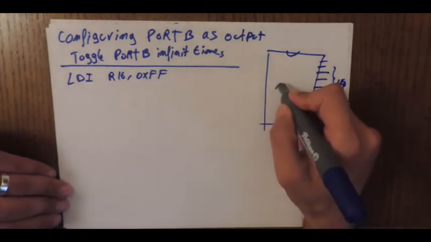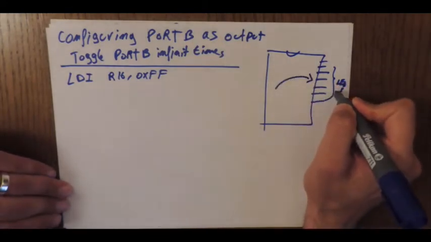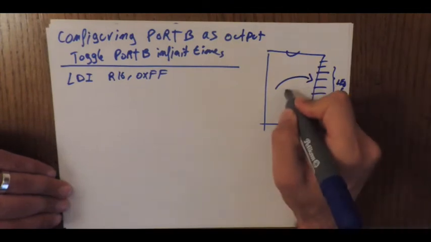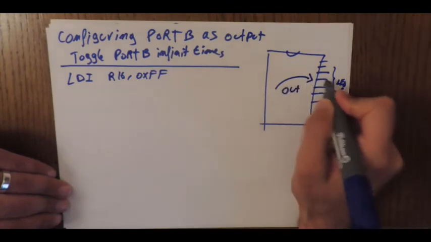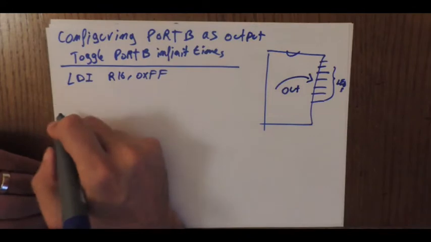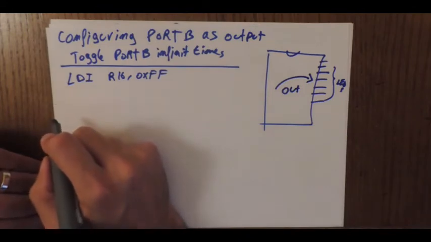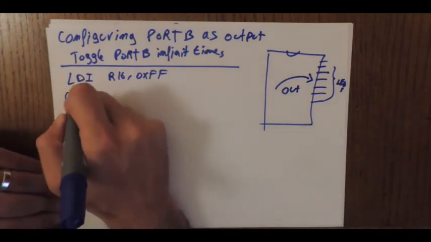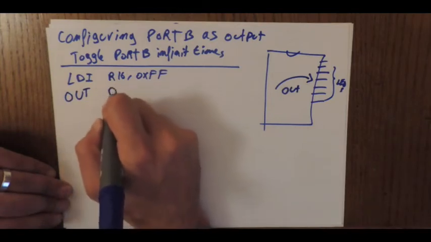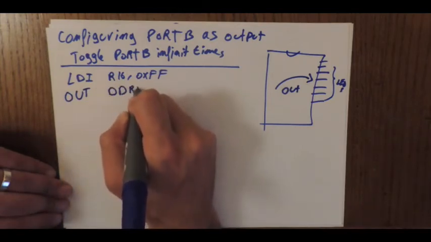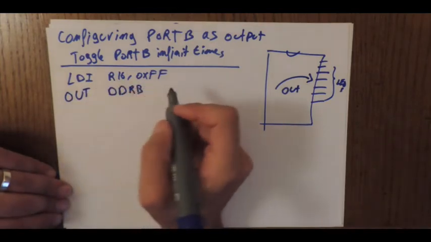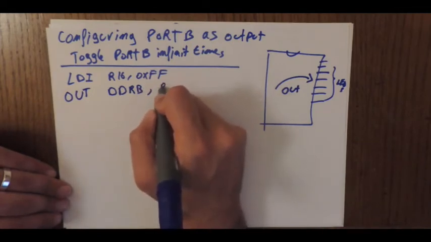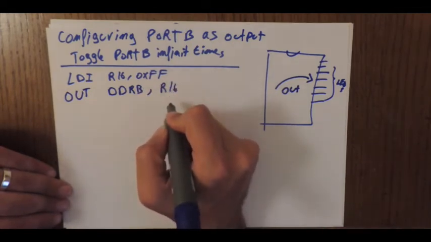Since I'm placing data onto the port, this means we need to output data. So what shall DDRB be? In this case, we need to use out. Remember, DDRB is an I/O register, and we're gonna configure all bits as output.